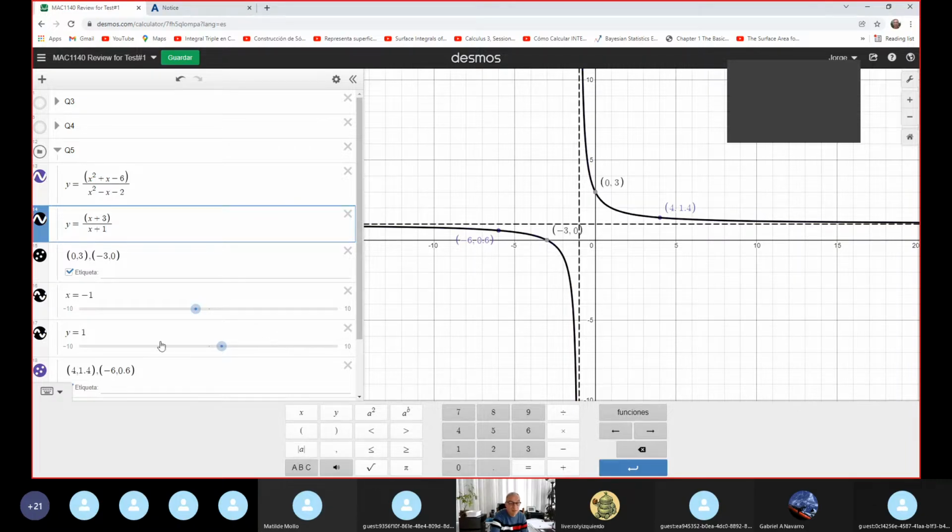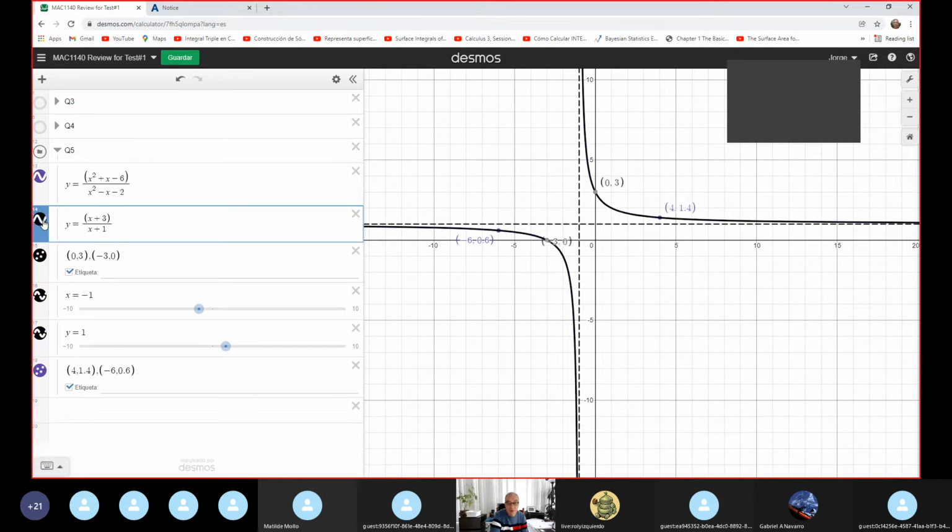Do you see that the black curve and the purple curve are the same? Look, flashing. What is the only difference between them? The difference is at 2.